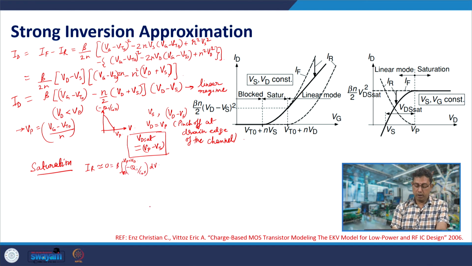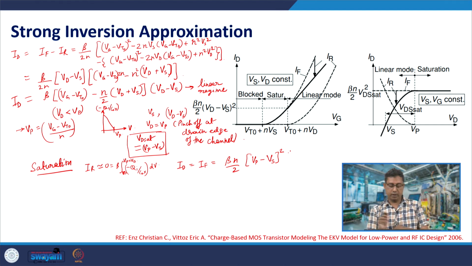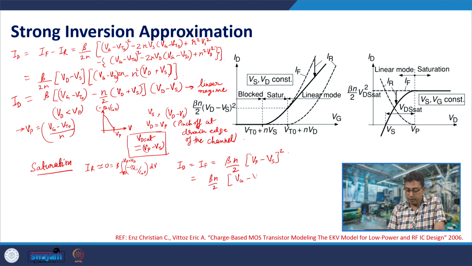So, what about IF? So, ID is then IF. So, what is its value? Beta n by 2 (Vp minus Vs) square, that is the value of forward current as we had seen earlier. So, what is this equal to? Beta n by 2 (Vg minus Vto minus nVs) square.